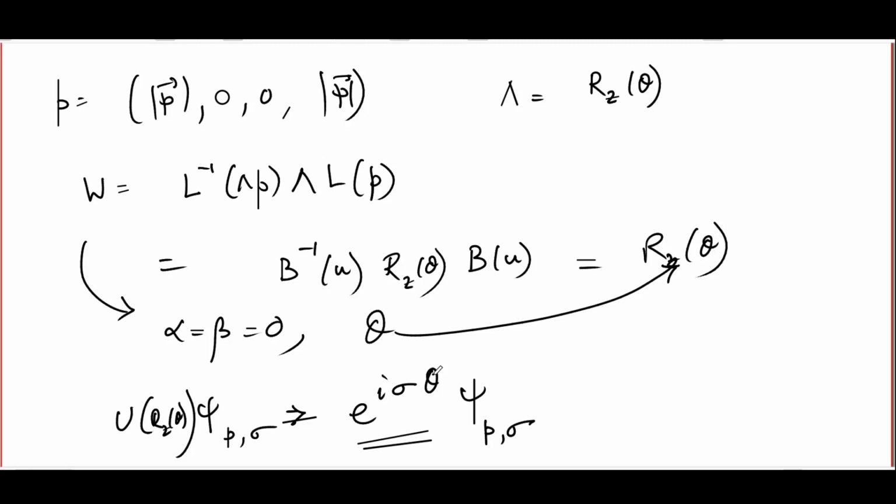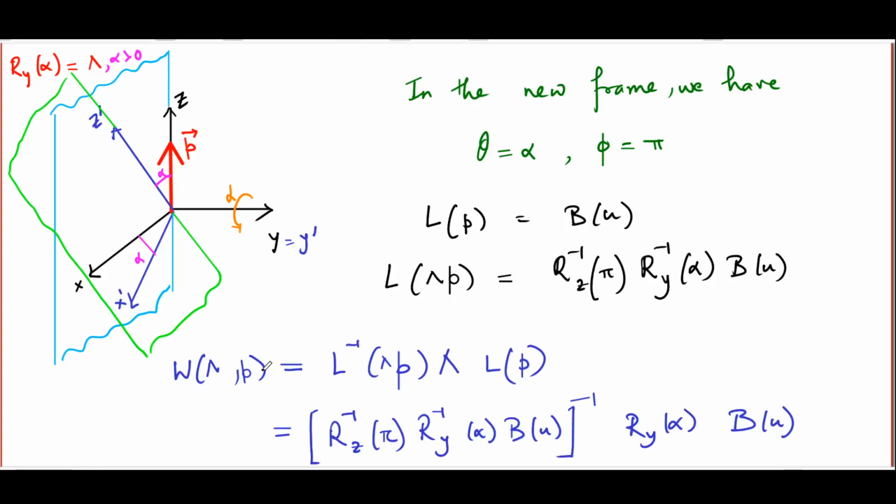That's not really too difficult. However, I want to keep things simple, so I'm going to just talk about these two special rotations. The first of these rotations that we will consider is a rotation about the y-axis through an angle alpha. So our Lorentz transformation lambda is Ry of alpha, and here we have taken alpha to be positive.